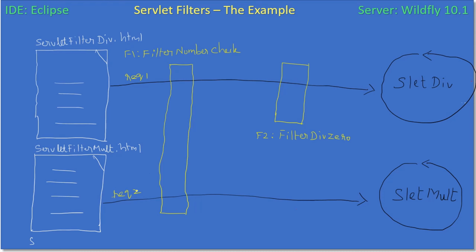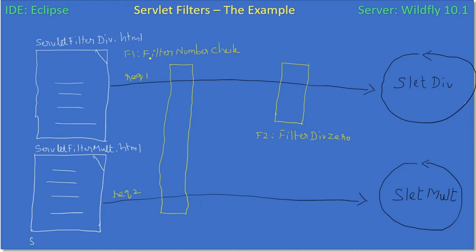Both requests go through filter number check, and we have one filter which is specific for the division servlet, and the filter name is filter div0. Request 1 goes through the filter number check as well as filter div0. Request 2 goes through only filter number check.